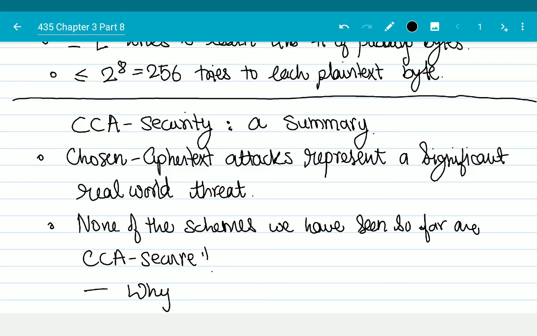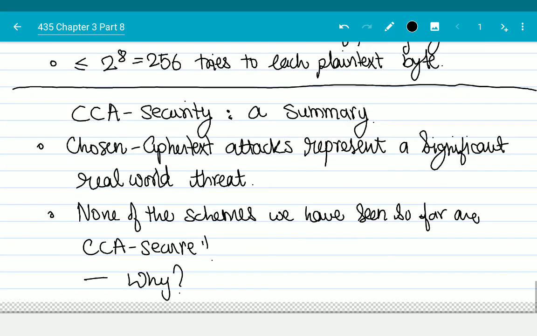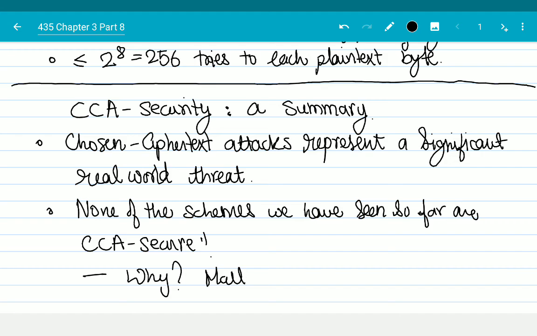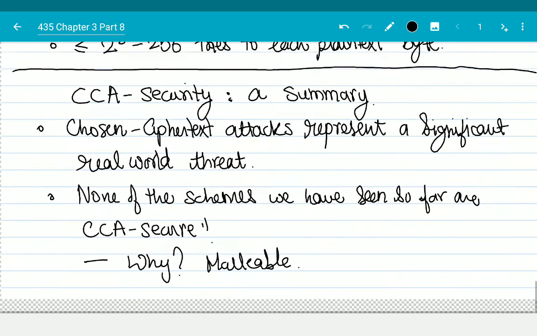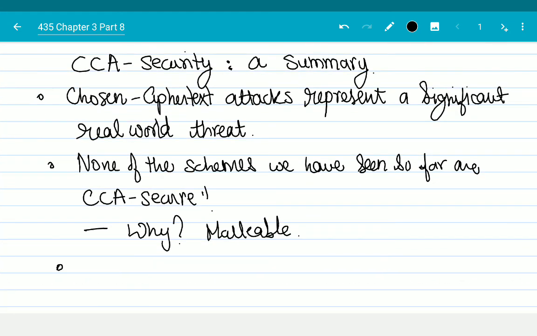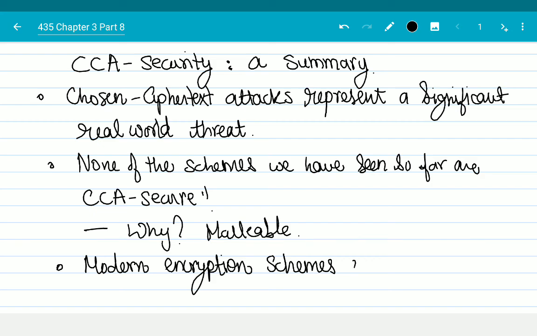Why was that true? Because they were all malleable. Right? We have not seen a non-malleable scheme. We will look at them later towards chapter 4. However, such schemes better exist because otherwise modern day security is crude, right? So modern encryption schemes are designed to be CCA secure.